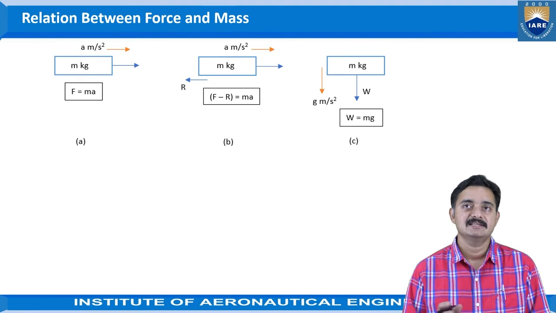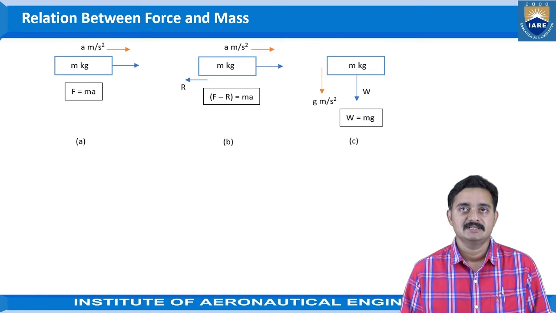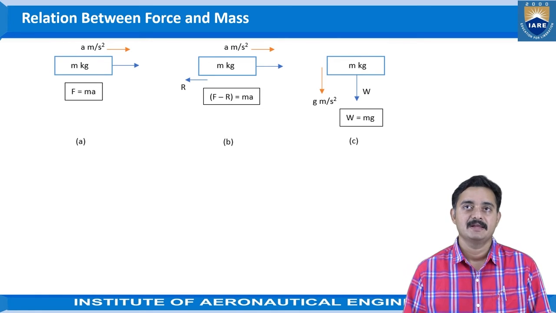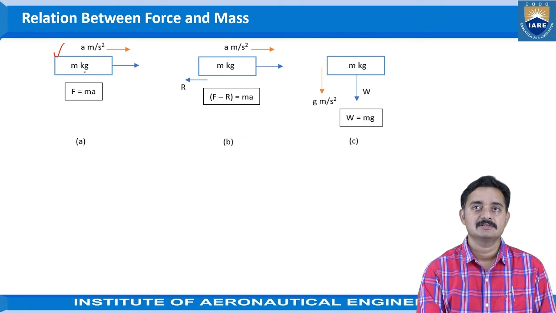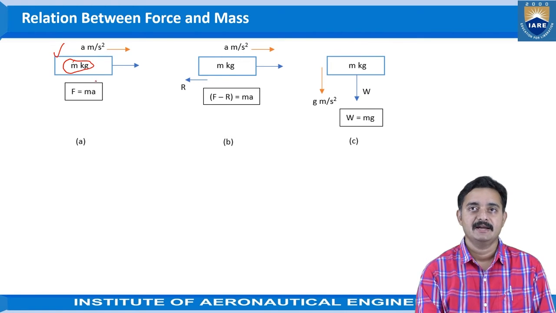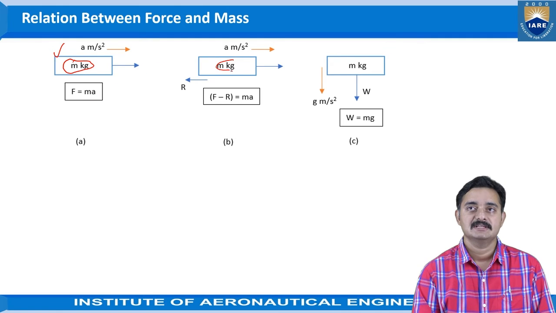Now consider three cases here, A, B and C. In the first case, as you are seeing, there is a body with a mass of m kg, in the second case also a body of mass m kg, and in the third case a body of mass m kg.